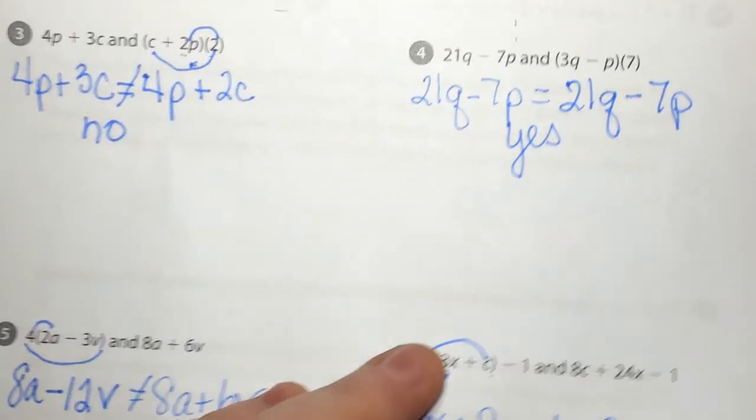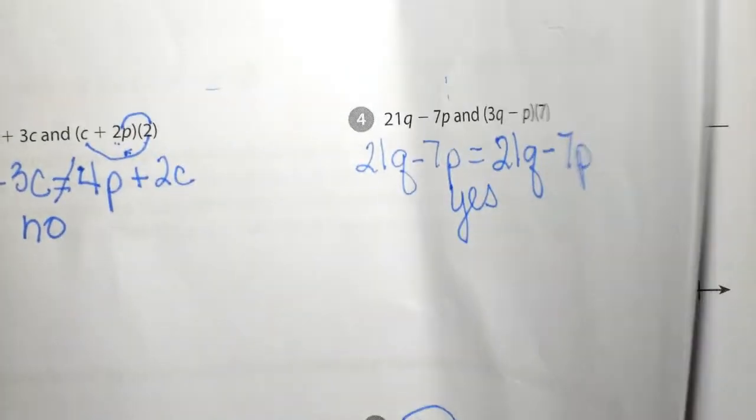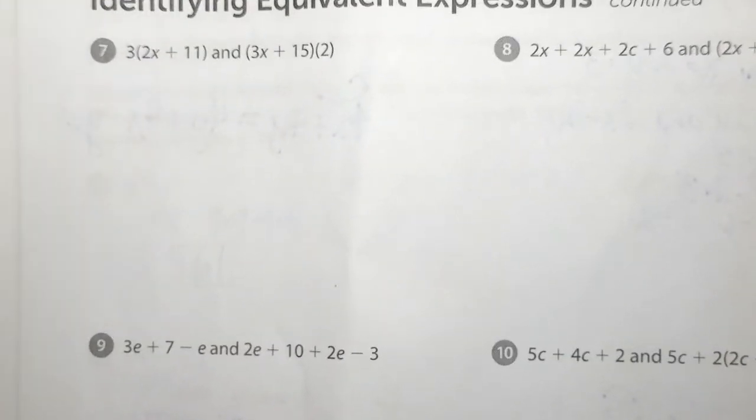All right, on the back side, we have number 7. Okay, number 7, we have 2 now that we have to work out.